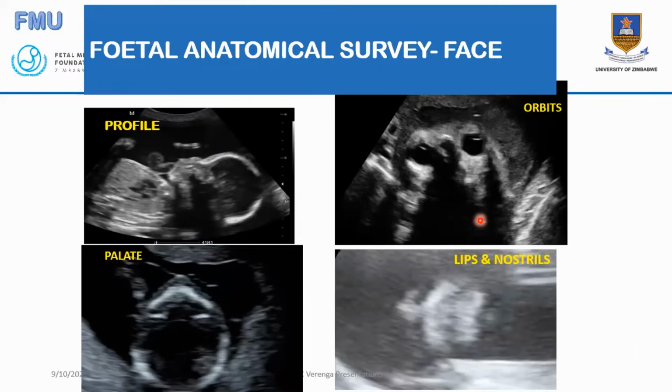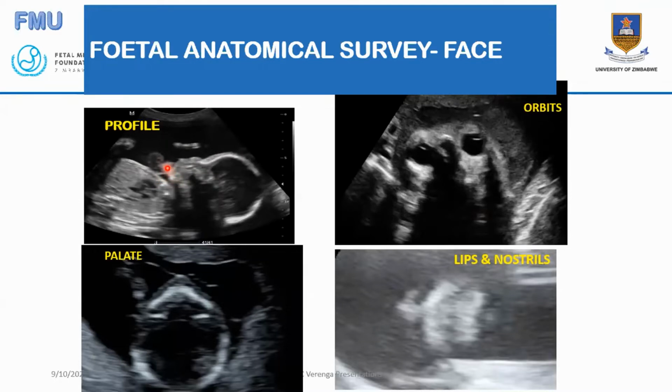Then in terms of the fetal anatomy survey, the profile should be seen the way you see it here. The nasal bone should be identified and measured, and should be present. On the forehead, there should be slight frontal protrusion, not bossing, and the chin should appear to be in the same line as the forehead.